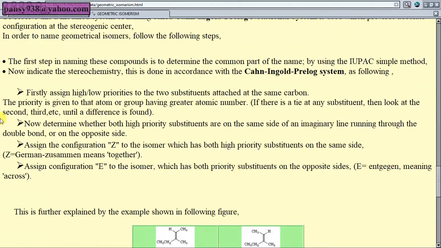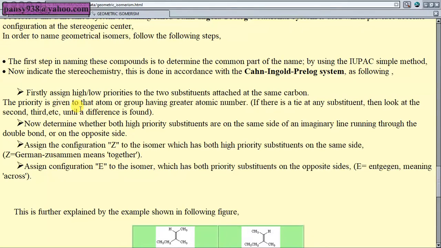So, after giving the simple IUPAC name, assign high or low priorities to the substituents attached to the carbon. Remember, the priority is given to that atom or group having the greater atomic number. The atom which has the greater atomic number has greater priority.